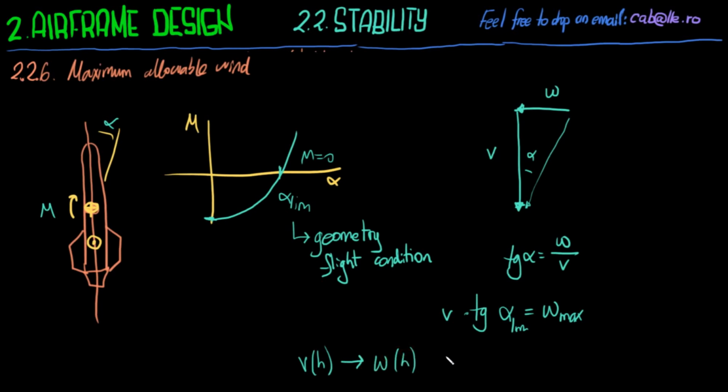So we could know that if they gave us a wind profile in function of altitude, we can know if it's too high, or it's good enough for the rocket not to destabilize. Of course, this is simplified. We've made the simplification that the rocket was actually flying straight, and it suddenly finds a crosswind.